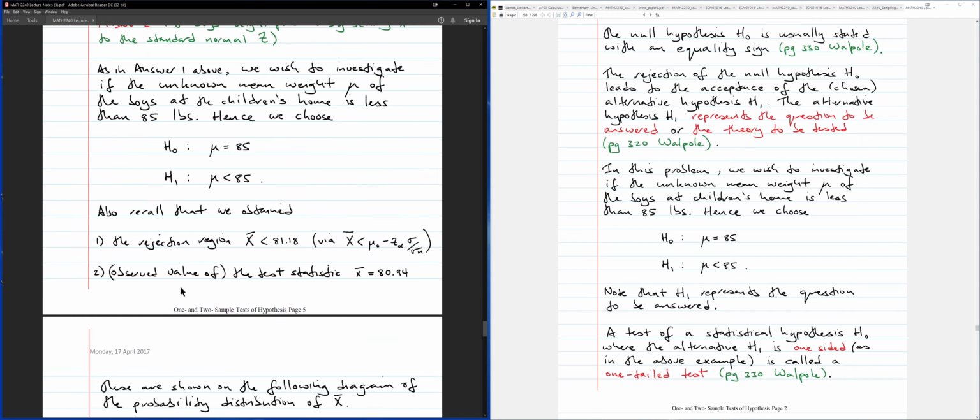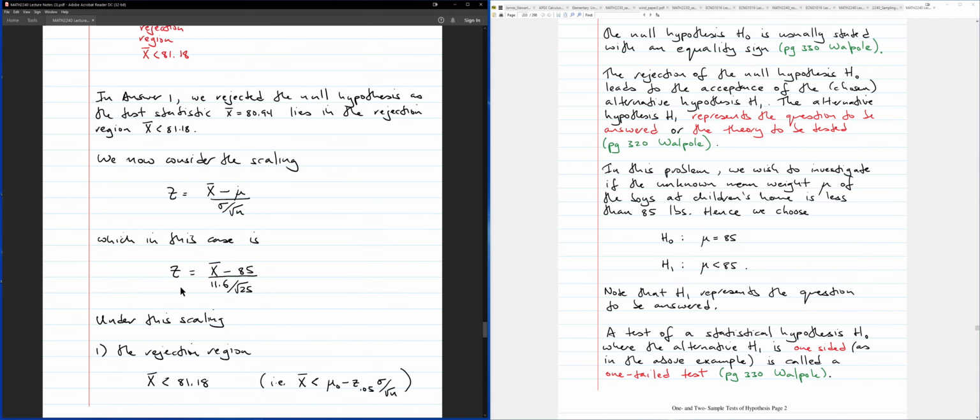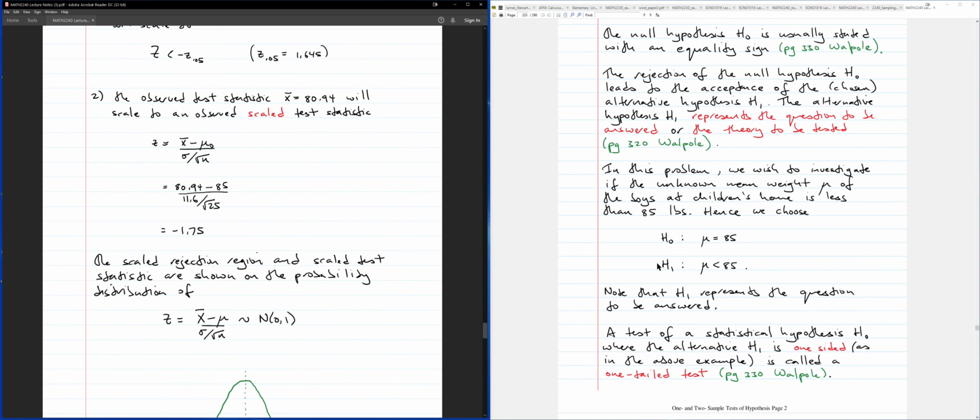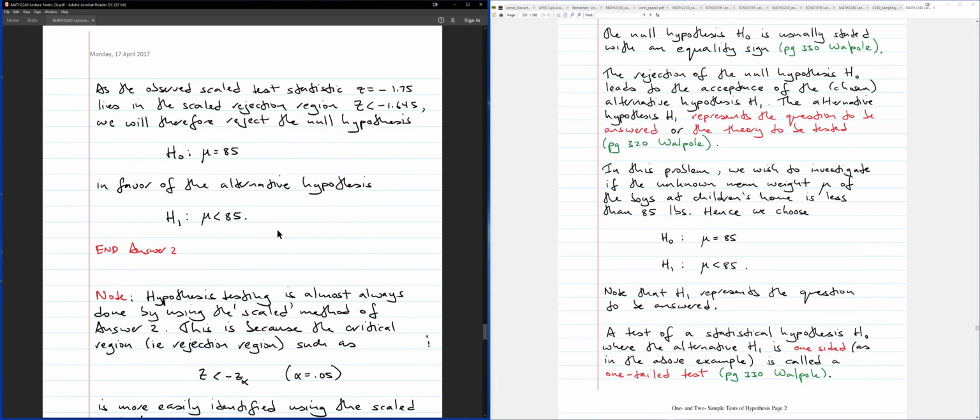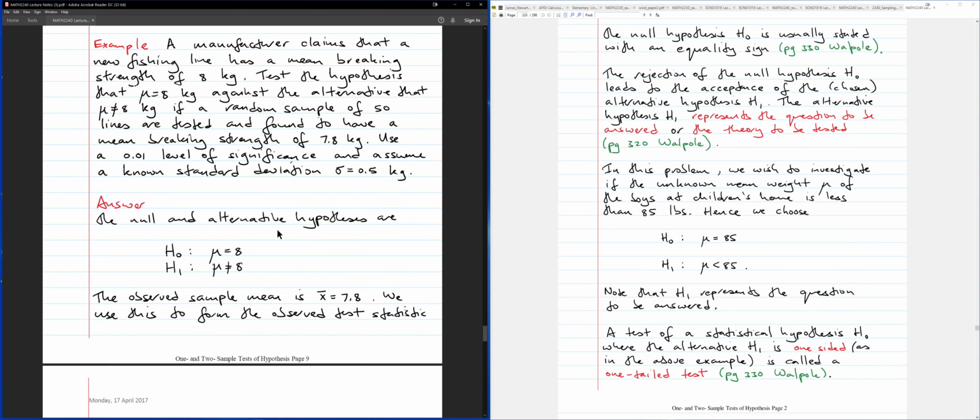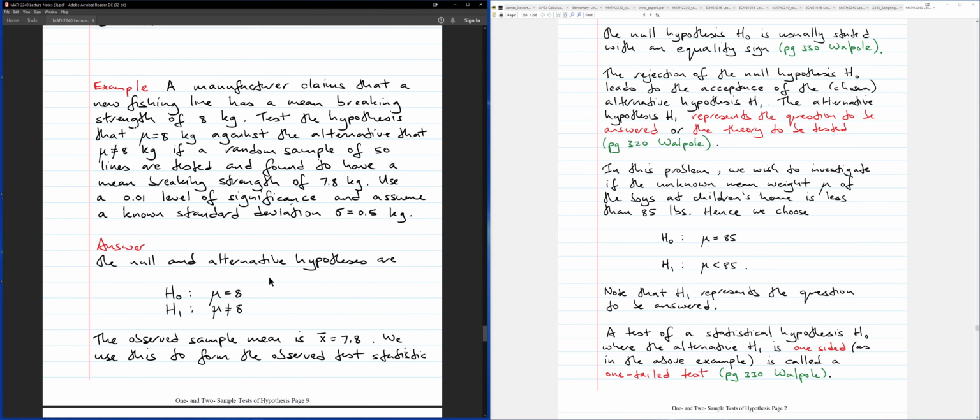As compared to a two-sided test. Let me show you an example of a two-sided test. For these hypotheses, this is not an inequality like this. This case is a two-sided inequality, and this is a one-sided inequality.